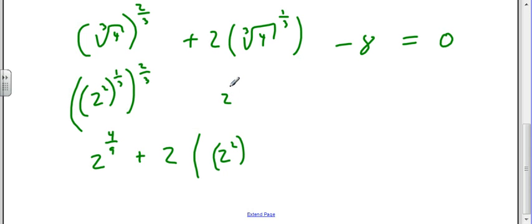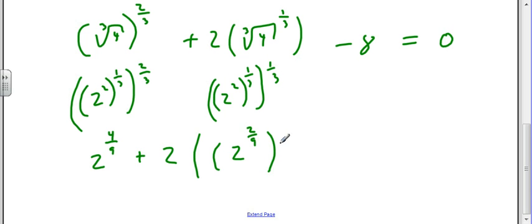See, I'm going to have 2 squared to the 1/3 to the 1/3. So that'd be 2 to the 2/9 minus 8 is supposed to be 0.